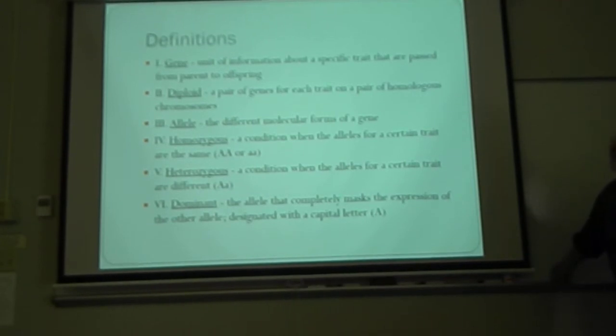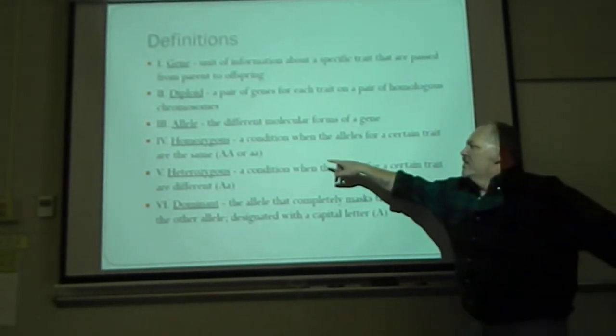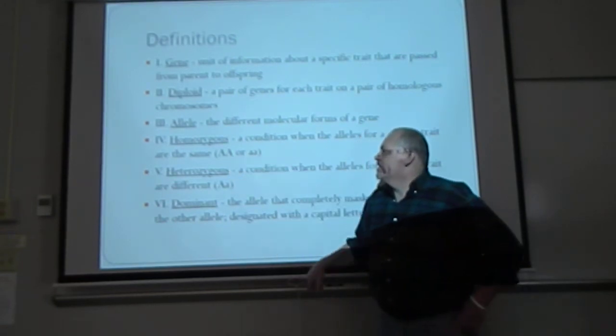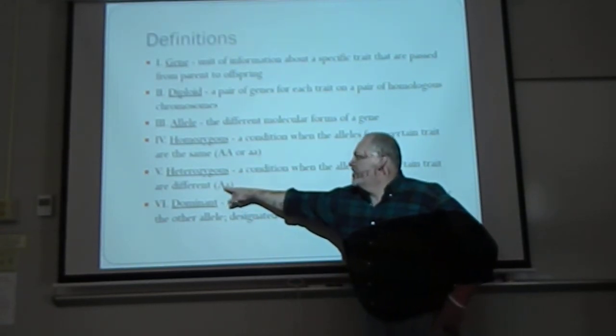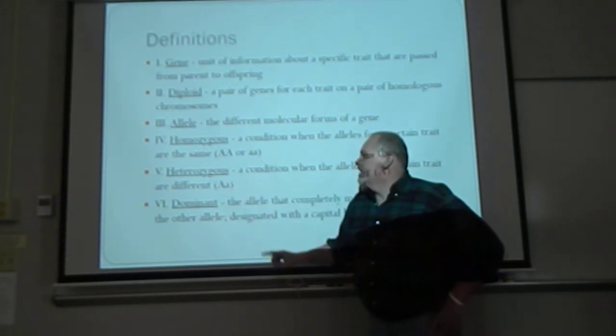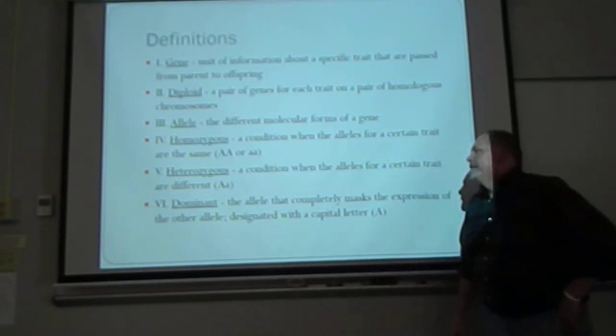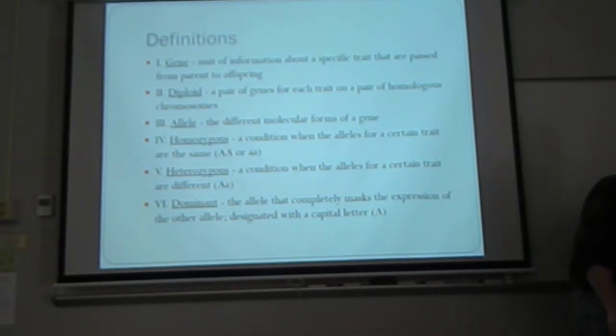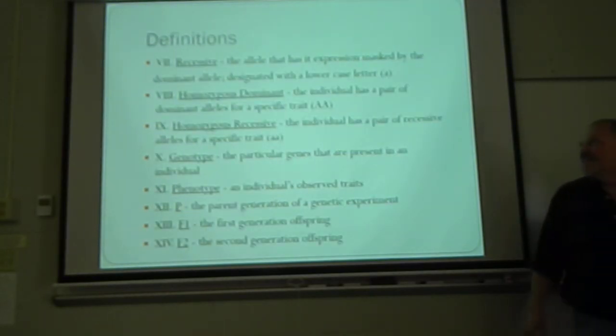So if we go back up here, we have two alleles. We have two that are dominant. Here, the heterozygous individual for a trait has one dominant. The next word is recessive.